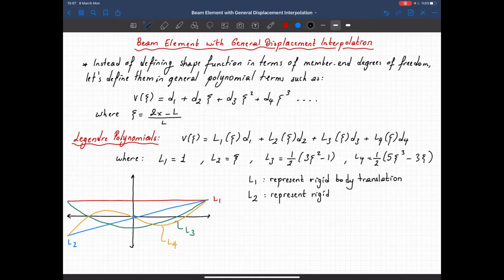So we have two rigid body modes in these polynomials. L3 represents, let's put S's here, symmetric bending.